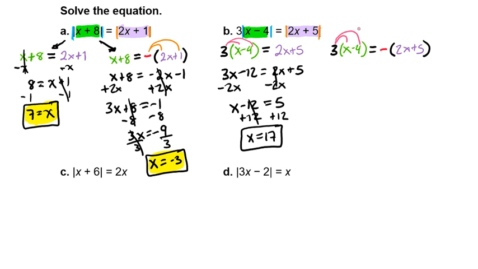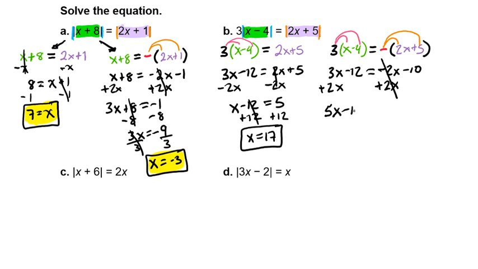So I'm going to distribute the 3, and that's going to give me 3x minus 12. But I also need to make sure I distribute my negative sign, which is going to give me negative 2x minus 10. So I'm going to solve for x. I'm going to move my negative 2x over to my 3x, but this time I'm going to add it, because the opposite of subtracting is adding. So those are able to cancel out.